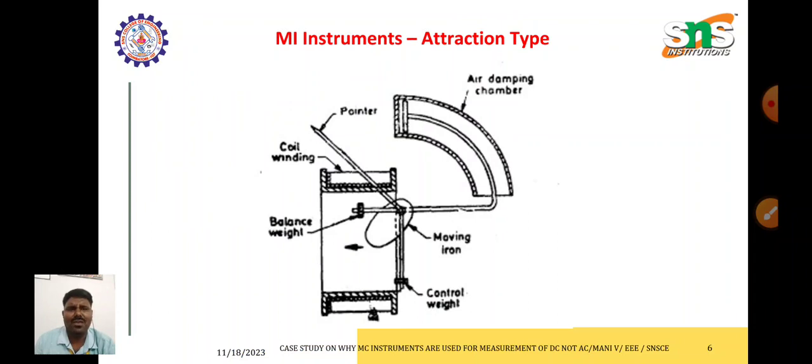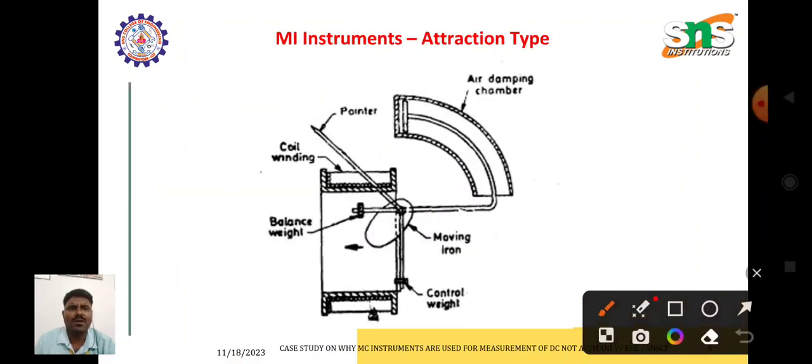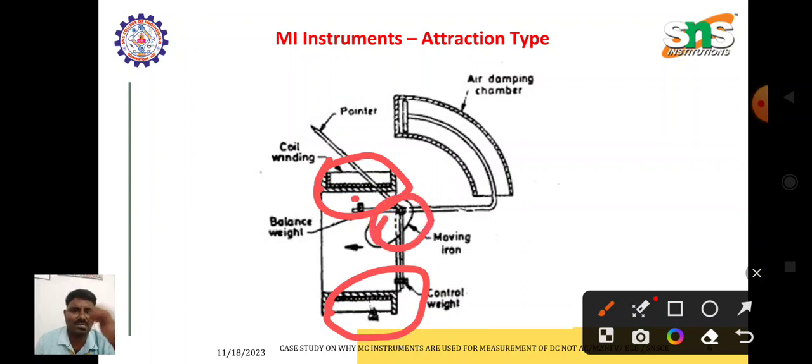Now the moving iron instrument. This is a coil. If the coil is energized, it acts as an electromagnet. This electromagnet attracts the iron piece, which is the moving iron. This movement of the iron is what makes it a moving iron instrument.